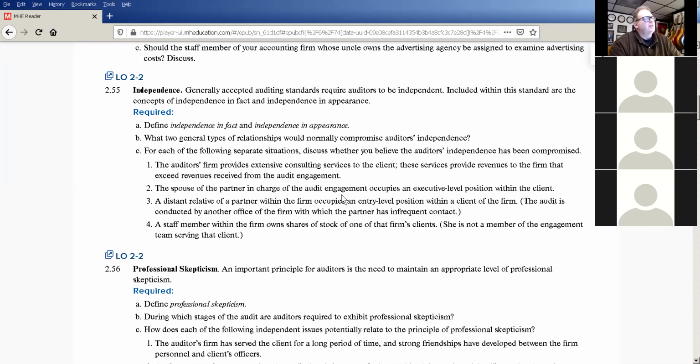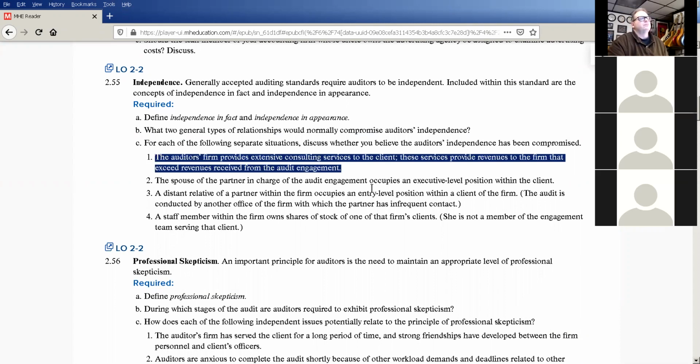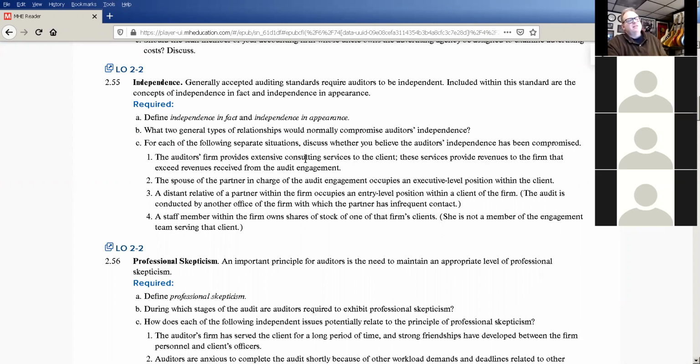Okay, now I learned. Okay, so for each of the following situations, discuss whether you think the auditor's independence has been compromised. The auditor's firm provides extensive consulting services to the client. These services provide revenues to the firm that exceed the revenues from the audit engagement. By the way, this one is not that unusual.